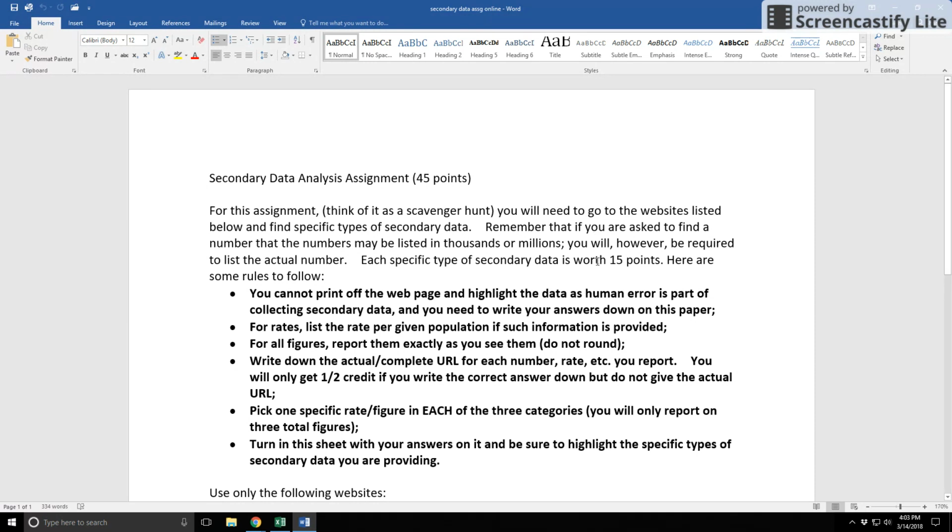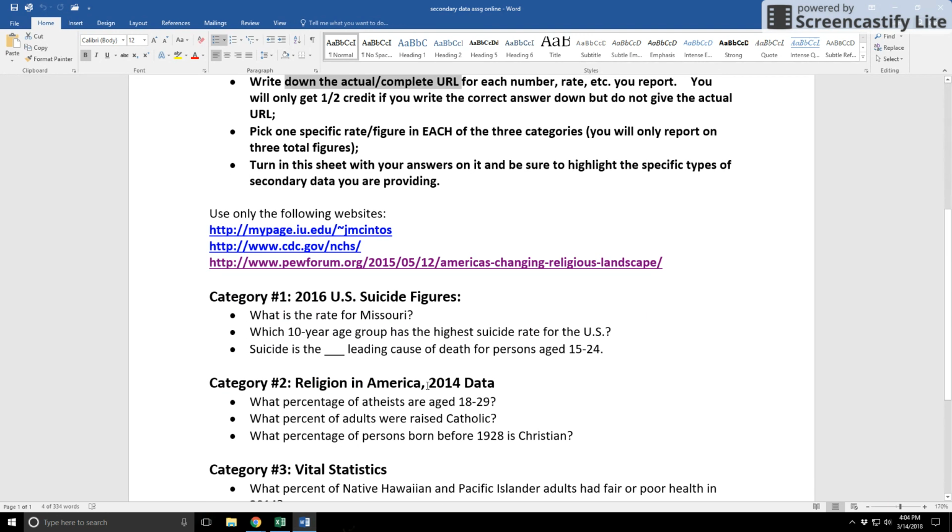What I want from you is the complete URL for each thing you report. So if you answer this question right here, you'll type your answer down, and I want the URL. Why the URL? Well, let's say that I mark you wrong, but you went to a different web page than I did. Now, I want you to limit your searching to these websites.